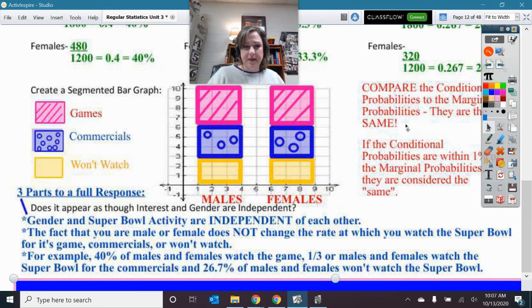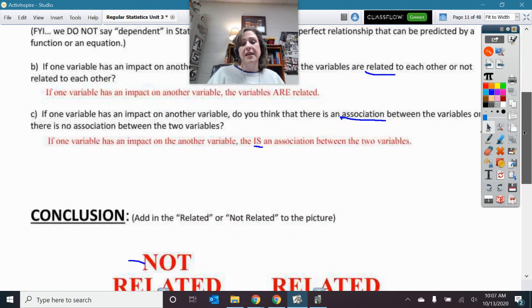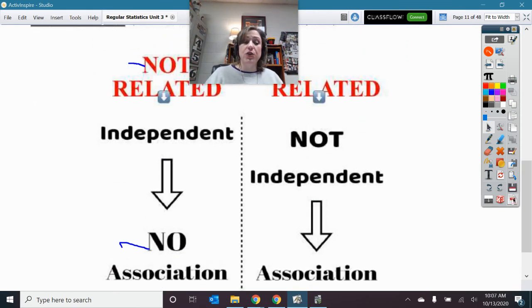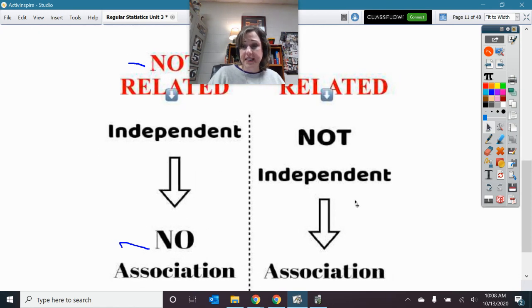This is getting a little lengthy, so I want to give you a little bit of process time. So I'm going to split this notes video into two pieces. Just don't forget: independent, independent, independent. When the fact that you are one thing does not change the rate. And remember that when you are independent, gender and Super Bowl activity are not related.